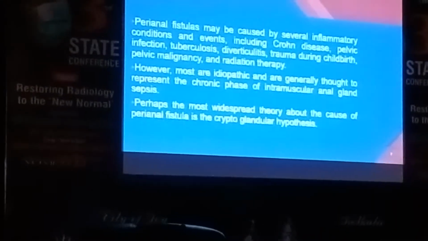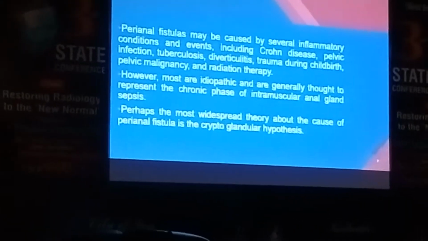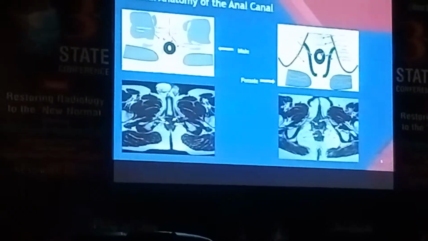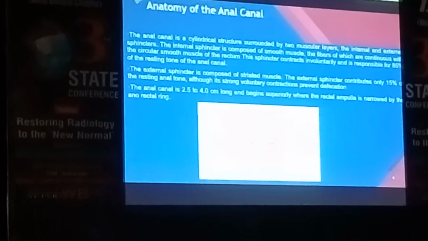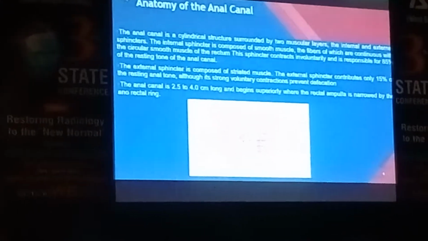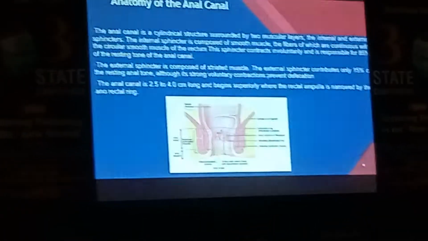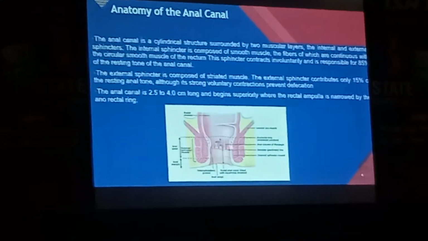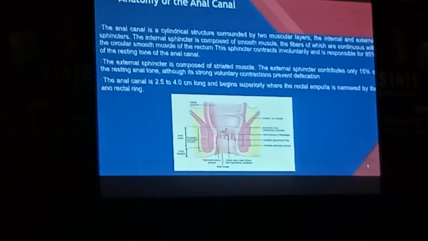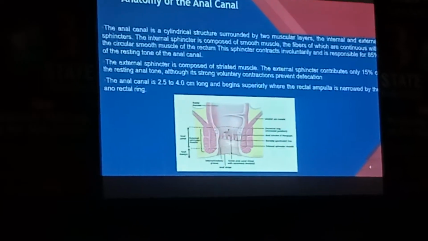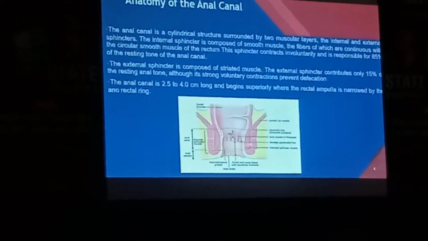I just showed you the anatomy, so it will be easy for you. Here is the dentate line, the columns of Morgagni. Here is the cryptal region, and most of the glands are situated here. From here there is a continuous secretion. If any infection is there, then this secretion can make a tract and it can create a fistula.